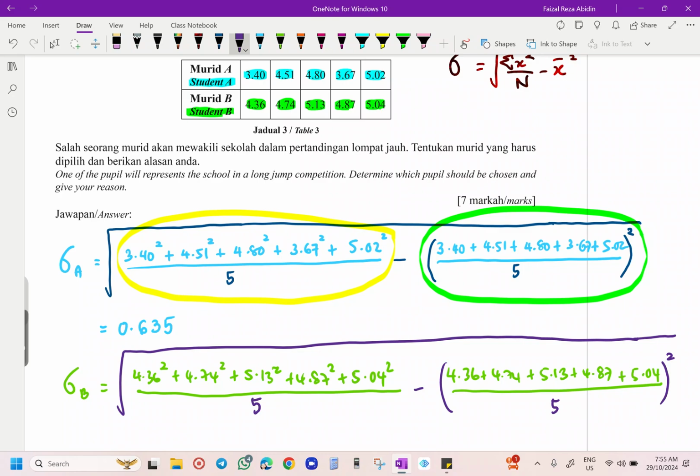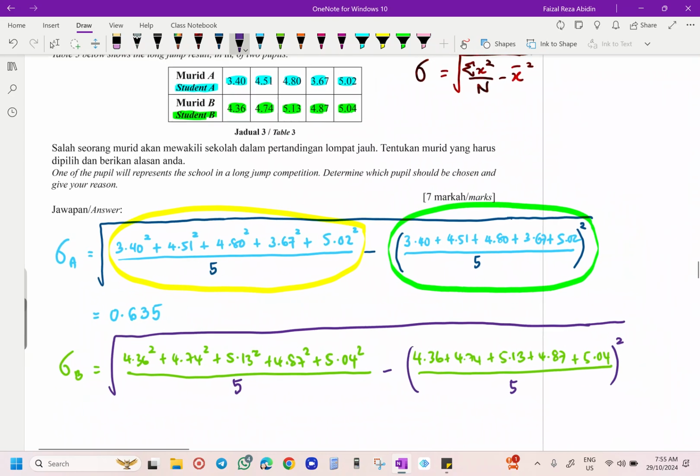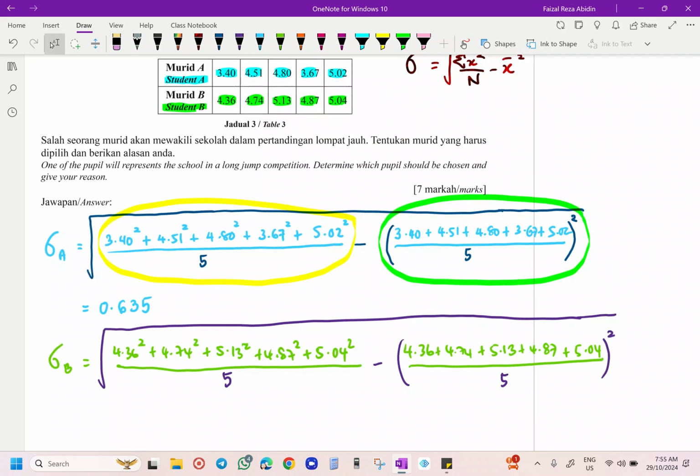Someone asked if they should find it in one go. For me, if you can find it separately, go for it, because sometimes when we key in everything in one shot there may be mistakes. But if you have confidence, like your friend who already found the standard deviation for student A straight away, no problem.